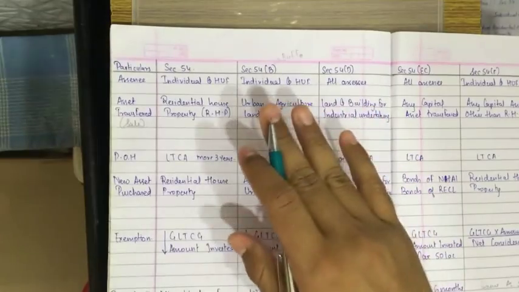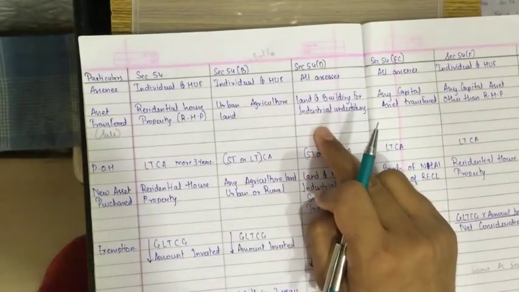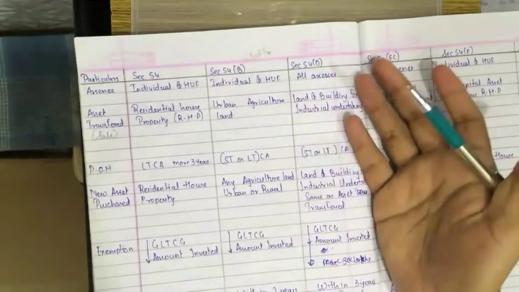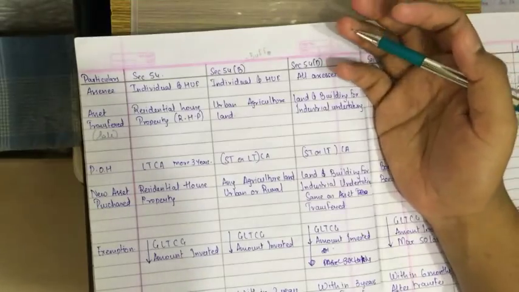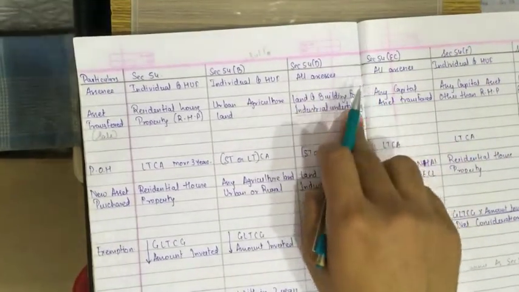You know what transfer means? That is sale. The transfer is of land and building for an industrial undertaking. Just understand the word industrial undertaking first.